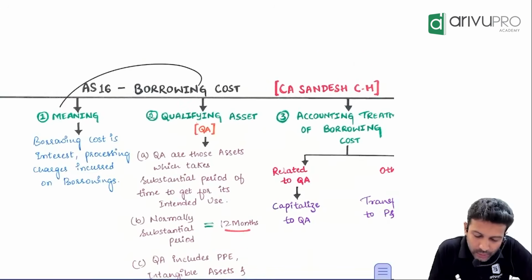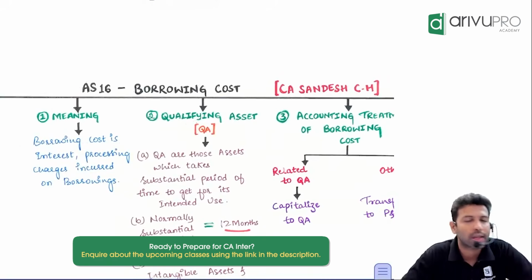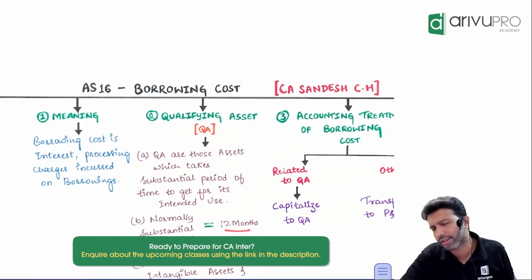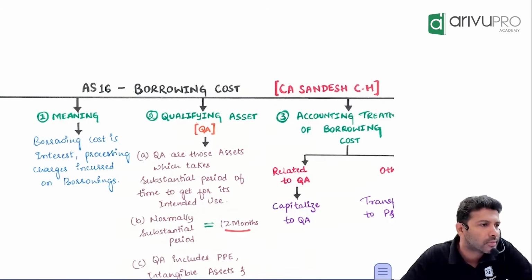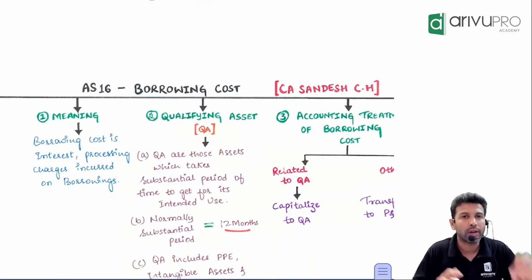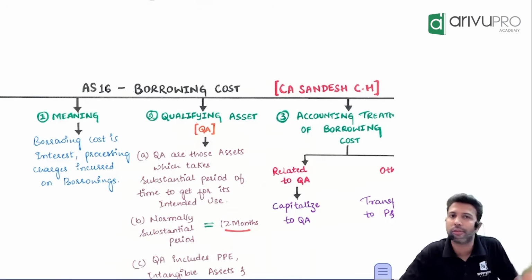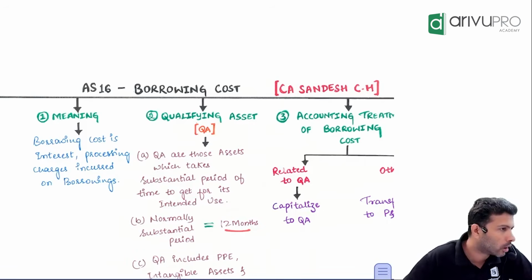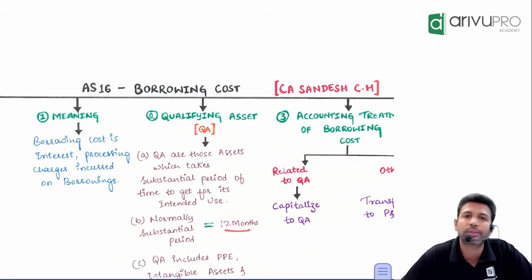So now we'll be starting with Accounting Standard 16 that talks about borrowing cost. Very simple standard. Borrowing cost simply means cost associated with the borrowing. When you borrow money in the form of debentures or a bank loan, what cost or expense will the company incur? Interest.